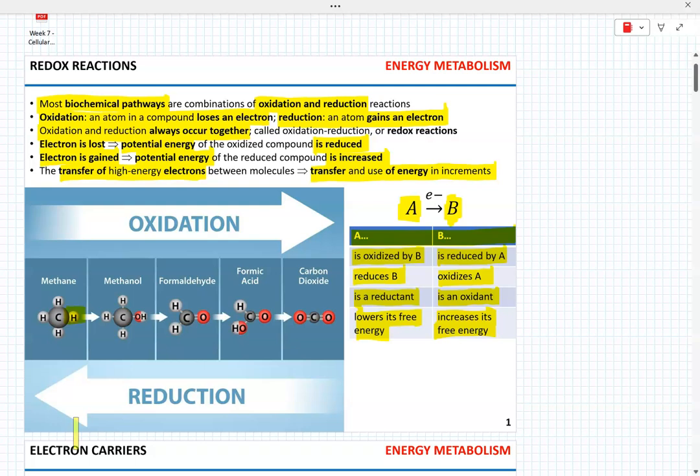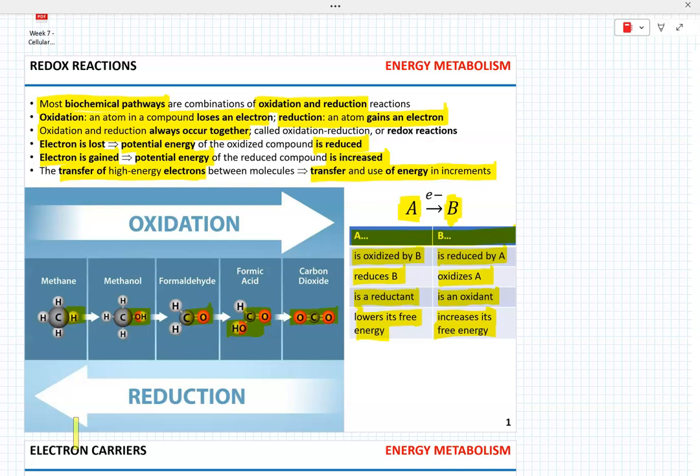If you look at the panel on the left, you can see that methane can be oxidized to methanol, and the methanol OH group can be further oxidized to the carbonyl group in formaldehyde. The carbonyl group in formaldehyde can be oxidized even further to produce the carboxyl group of formic acid, and formic acid can ultimately be oxidized to carbon dioxide.